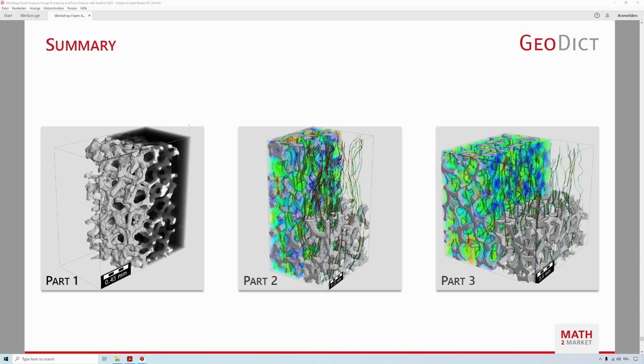In part 2, we did various pore analysis and physical analysis of the structure, looking deeper and gaining insights on the foam scan. And in part 3, we used the insights from part 2 to build a digital twin and compare the results of the twin to the model.